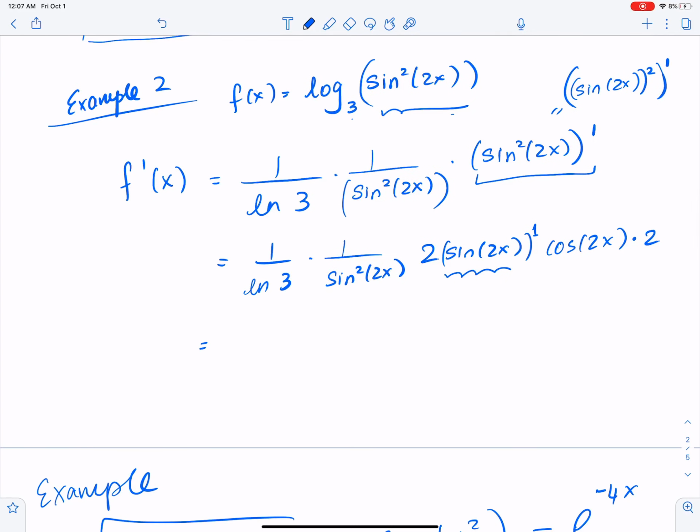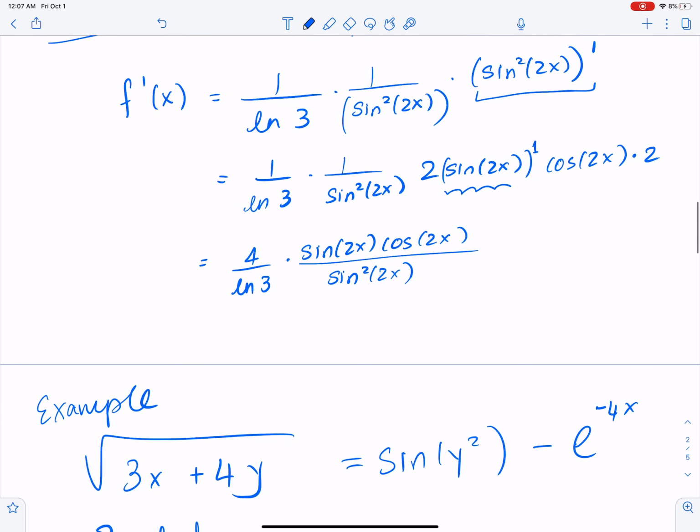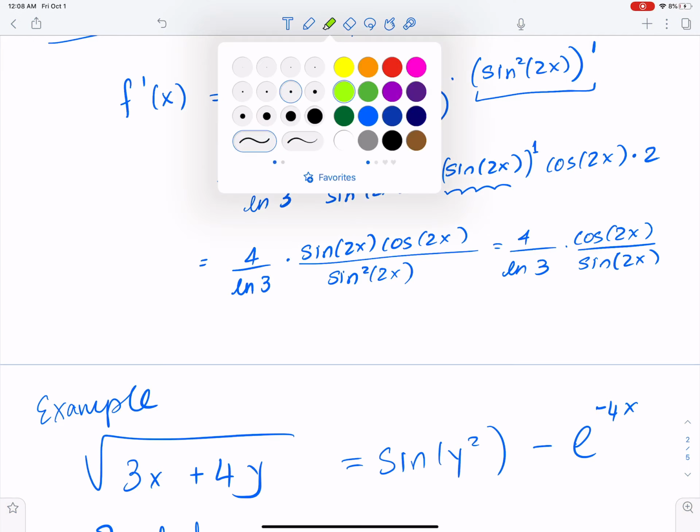Put it all together and you have 4 over log 3, times sine 2x times cosine 2x over sine squared 2x. And as long as sine 2x is not 0, you could even cancel it and end up with cosine 2x over sine 2x, correct? If you did cancel one of these.